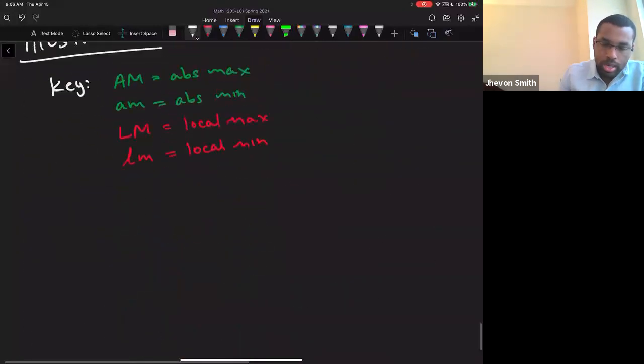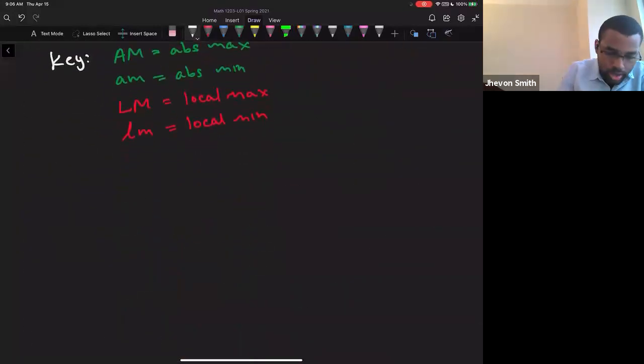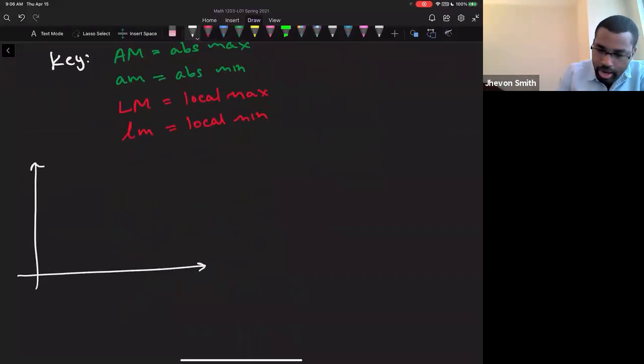And I want you guys to look at these illustrations. I'll draw a bunch of functions. We're going to identify the max and mins here.